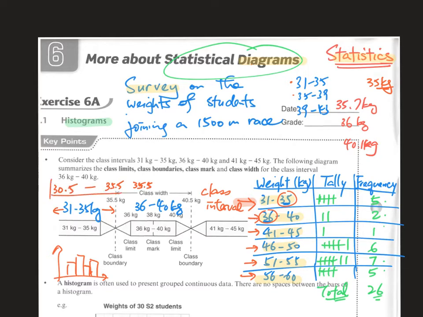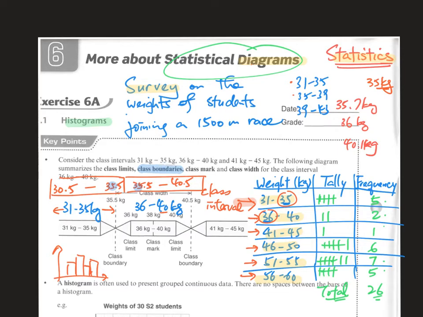So the first group becomes 30.5 to 35.5, while the second group, 40 will be extended to the other end on the right, which is 40.5 kg. So this is the way we can extend, lengthen the class intervals into what we call class boundaries, in which there is no gap between each group.